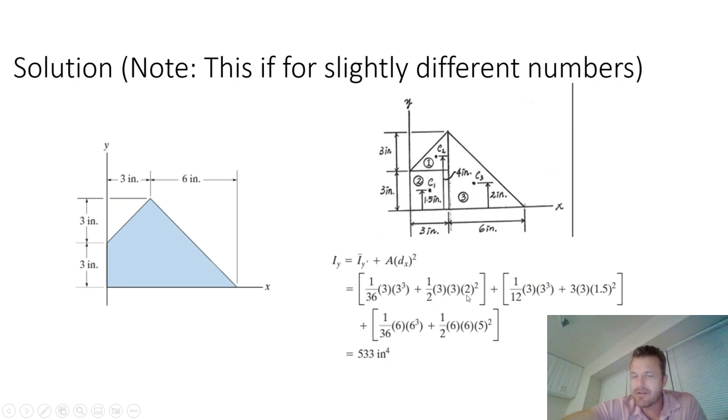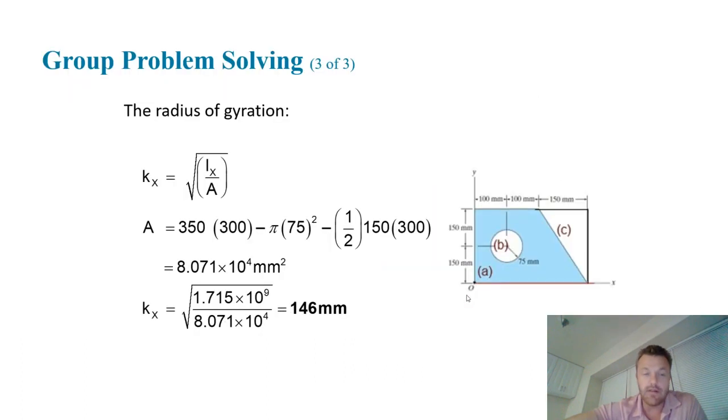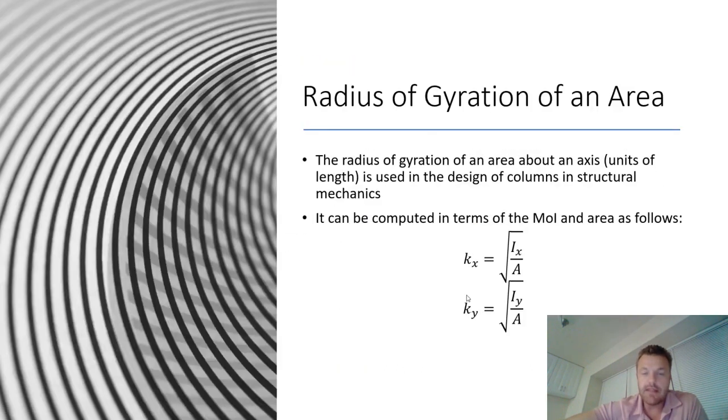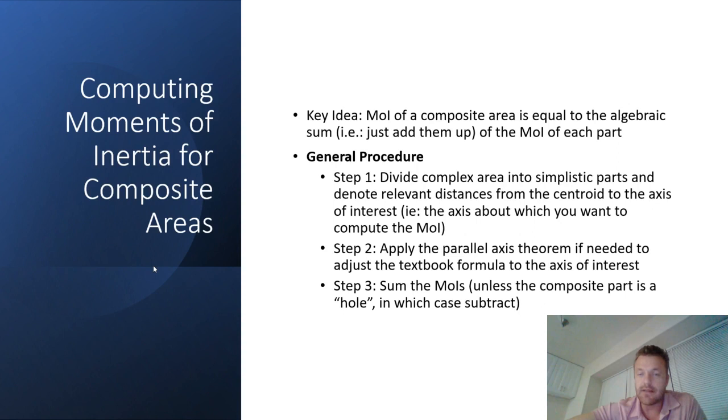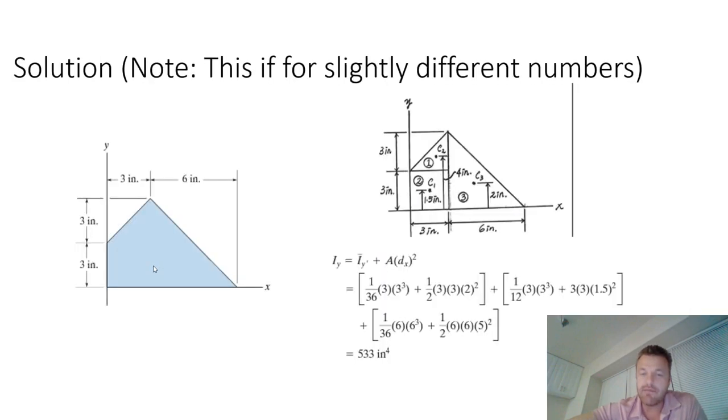Now the question is, where is this number 2 coming from? Well, let's think about what that actually is in the parallel axis theorem formula. Remember that in the parallel axis theorem formula, you need to multiply the area by the square of the perpendicular distance from the axis about which you want to compute the moment of inertia to a parallel axis that goes through the centroid. So what that must mean is that for our particular problem, the centroid is 2 meters away from the y-axis.